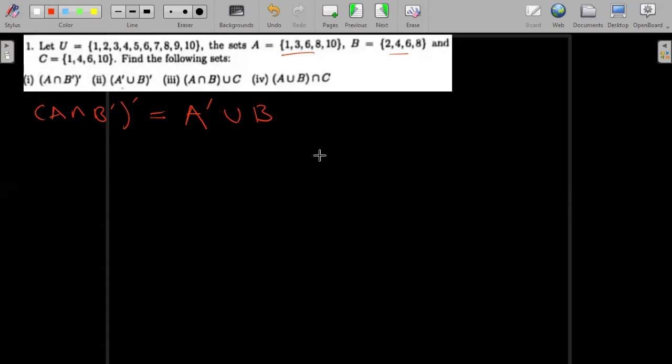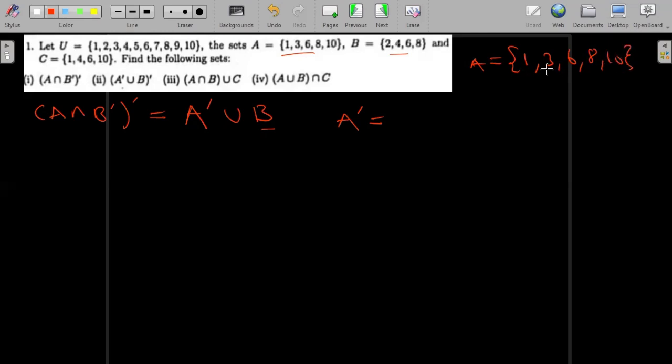So now when finding A complement union B, I must find my A complement. Of course, I have my B. By definition, A complement consists of all elements that are not in the set A but sit in the universal set. Our set A has the values 1, 3, 6, 8, and 10.